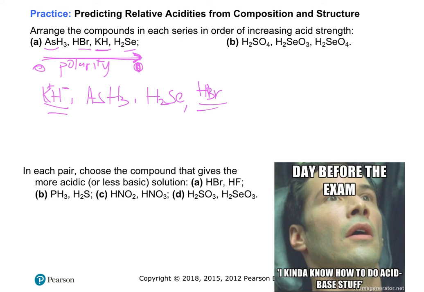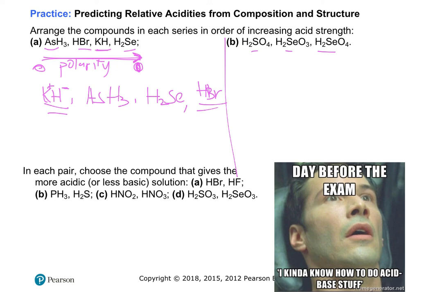So this makes sense. Now for part B, here we have these polyatomics, these oxyacids. For oxyacids, the first thing we want to look at is the nonmetal, because we have selenium versus sulfur.